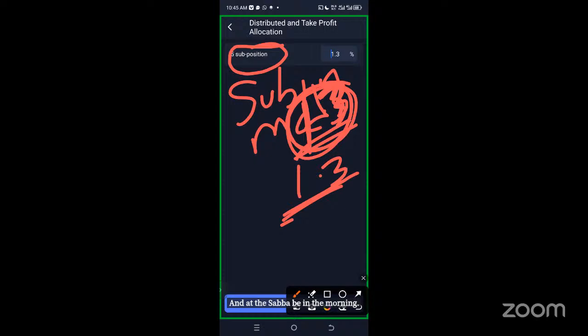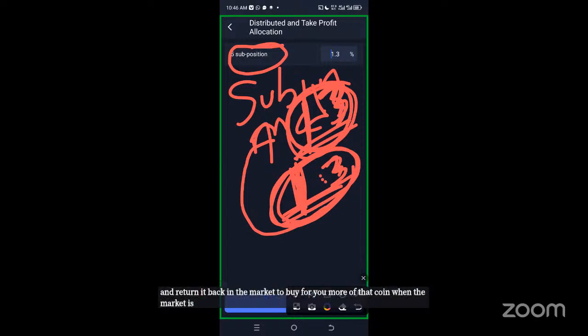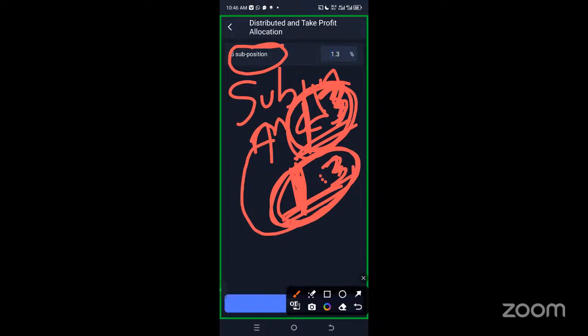Under the sub-bin mode, when the robot sells the fifth call, the profit you are going to make here of 1.3, the robot is not going to give you the profit. Rather it will use the profit and return it back in the market to buy for you more of that coin when the market is continuing to drop, or to create another new average transaction price to help the coin come out from the floating loss or from the dip.